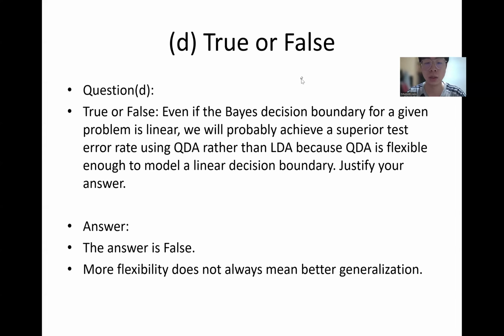For the answer, this is false because QDA's extra flexibility adds unnecessary variance when the problem is simple. LDA already fits the linear pattern well with fewer parameters, so in a truly linear case, LDA will usually achieve a lower test error.